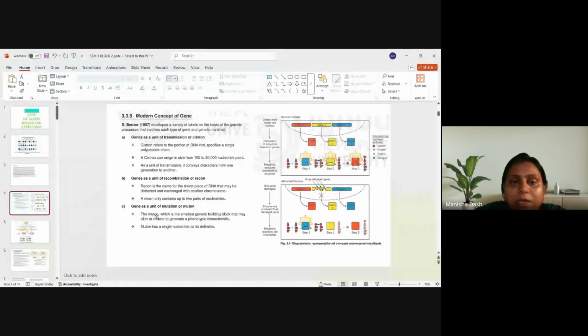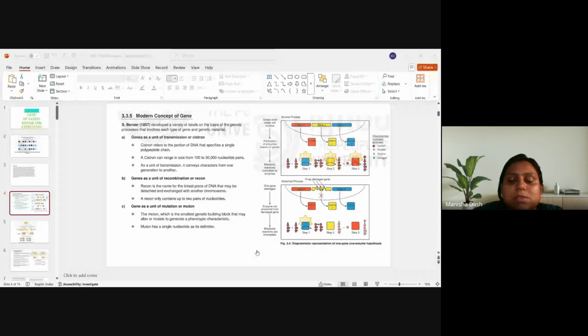So these are the modern concepts of gene: a unit of transmission, a unit of recombination, as well as a unit of mutation. Are there any queries from anyone?